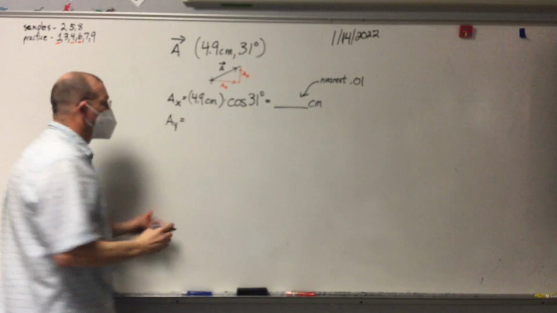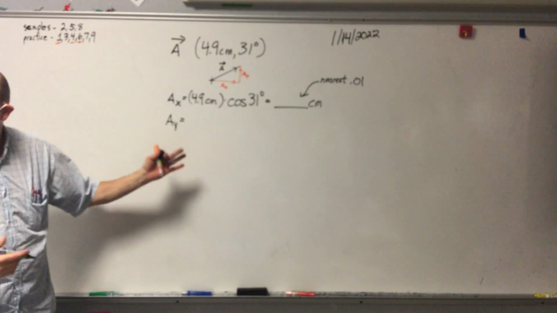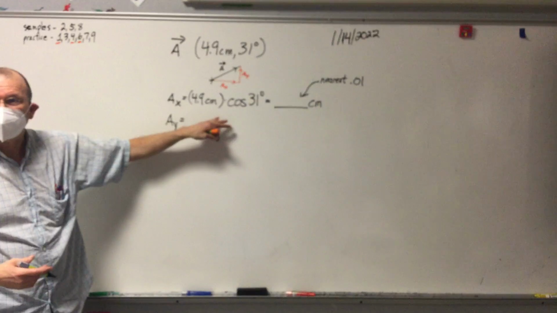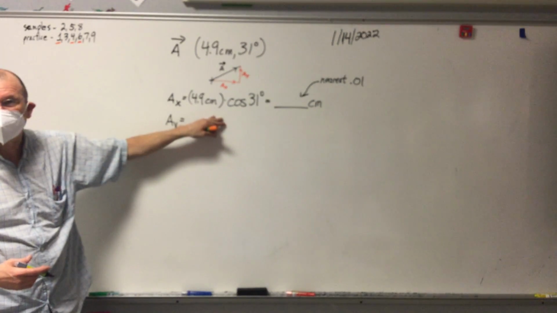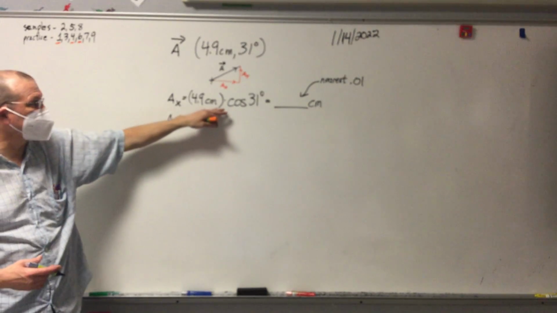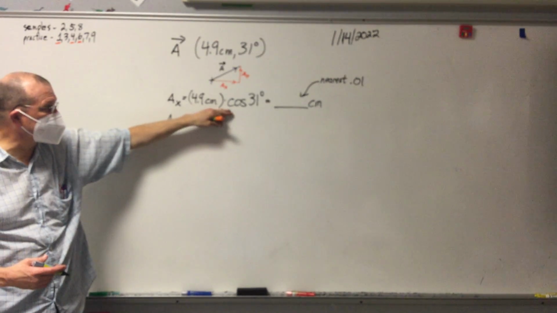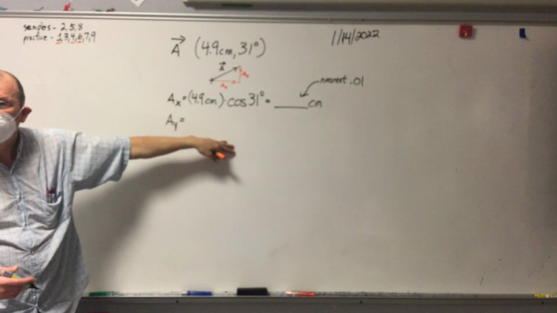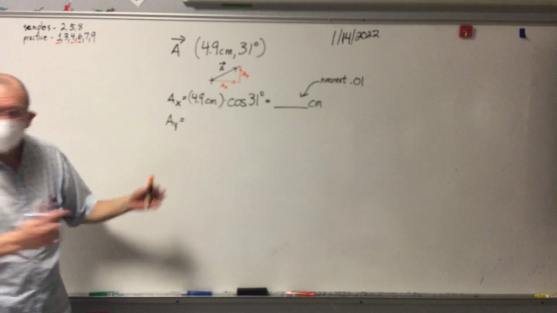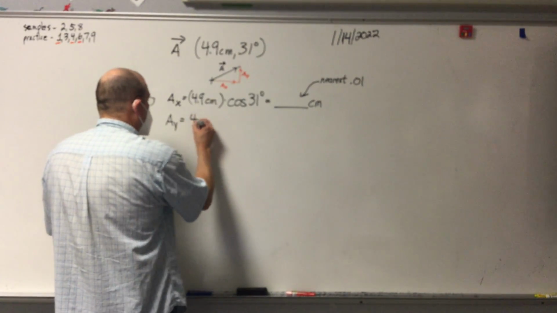Below it, you're going to do the same thing to calculate the vertical component. How is it close to, but not exactly the same? What's the only thing we have to shift from this to make it this? Thomas? It's sine instead of cosine. Everything else looks exactly the same.